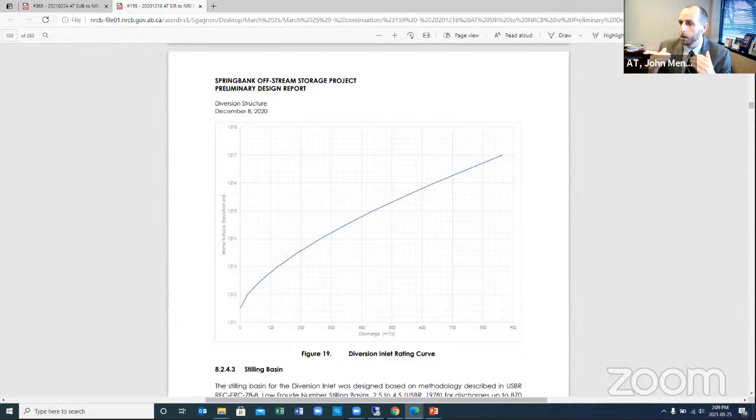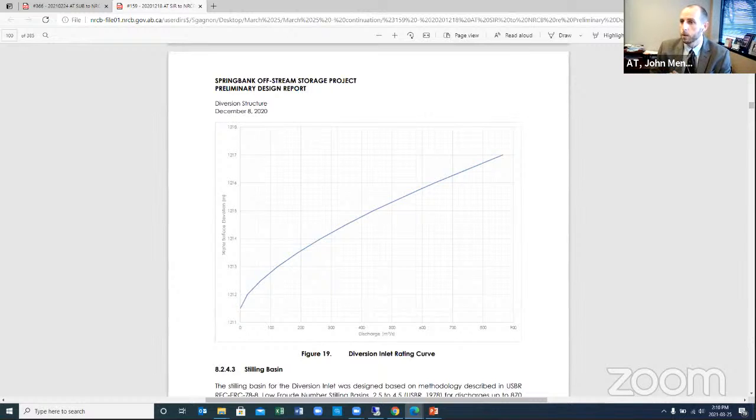They are fully open. We then use the gates in the river to raise the water surface elevation slowly to control the flows into the channel. This curve basically tells us at any given elevation in the river, that's how much flow is going into the channel.